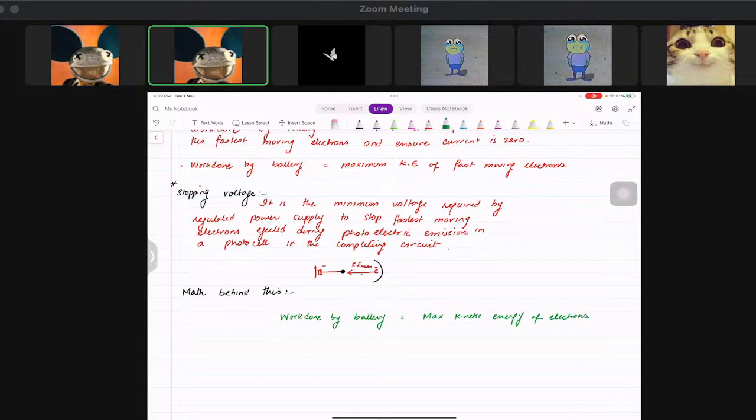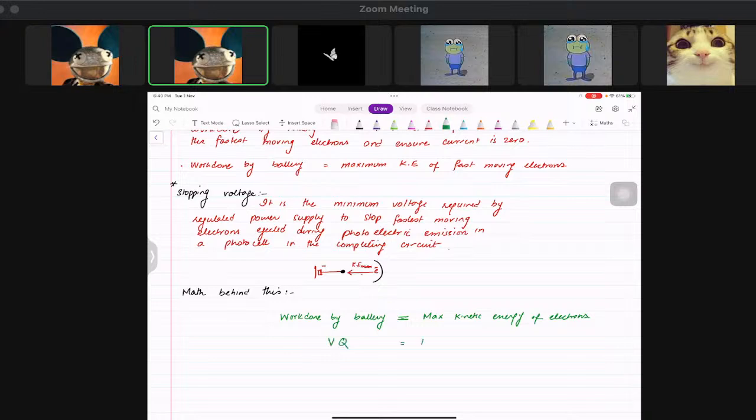Do you understand this? Now, how do we get maximum kinetic energy anyway? The battery is giving us voltage, which is the stopping voltage, times the charge, which is e. So let me write the formula first, VQ, so you guys are not confused.